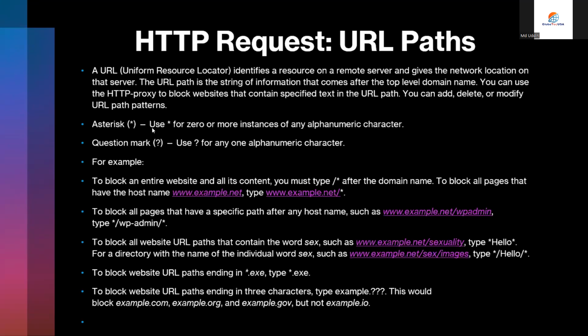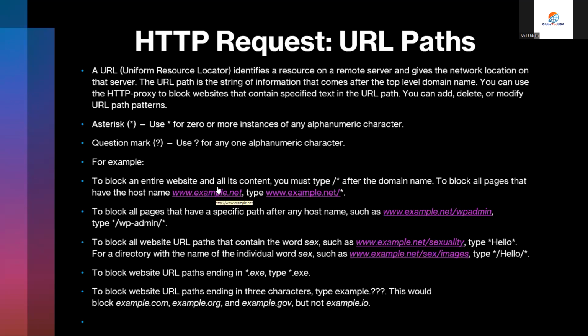You can use the asterisk for zero or more instances of alphanumeric characters, or you can use the question mark for any single alphanumeric character. For example, to block the entire website and all its contents, you must type /* after your domain name. Here, your domain name is www.example.net.